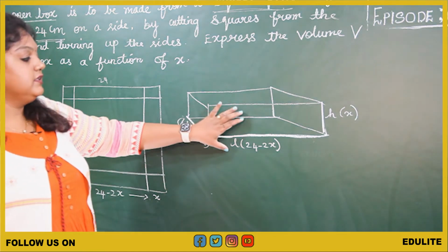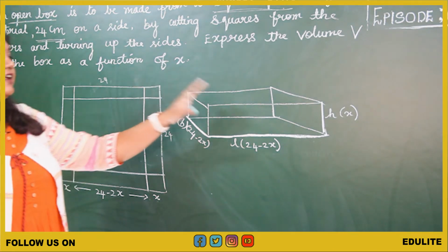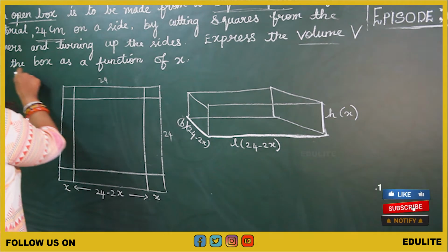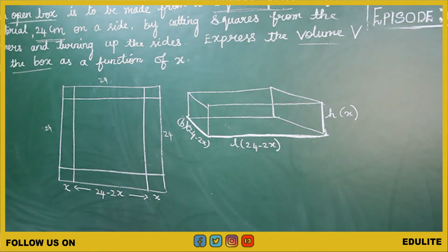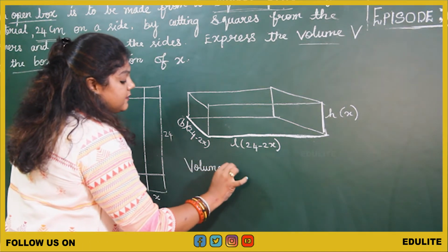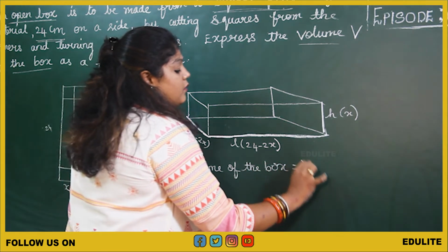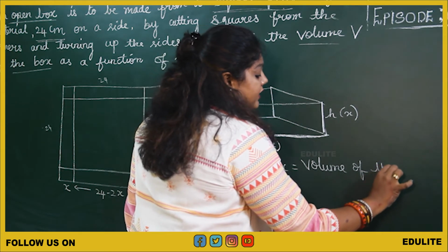Turning up the square will give us a cuboid. We have to find the volume of this box when it is turned up. So, to find the volume of the box, it is enough to find the volume of the cuboid.